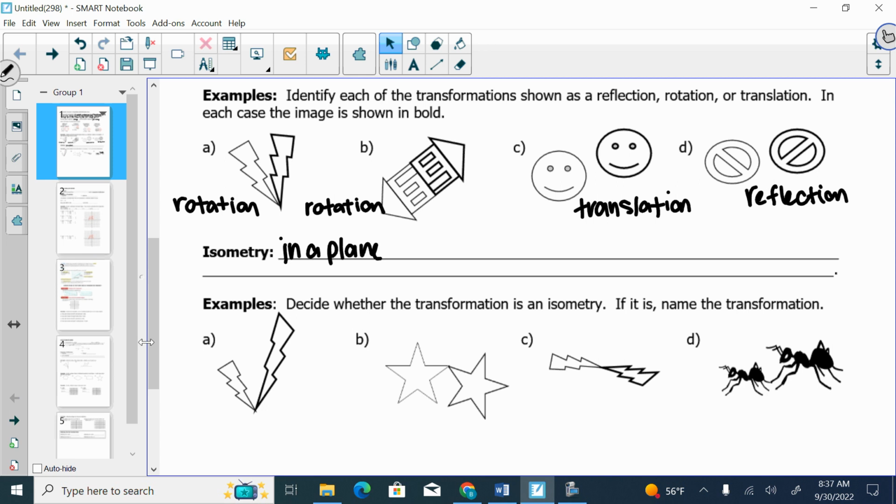So in this plane, an isometry is a transformation that maps every segment to a congruent segment.